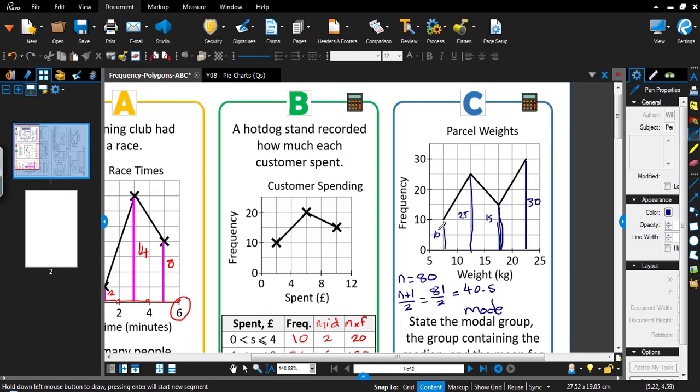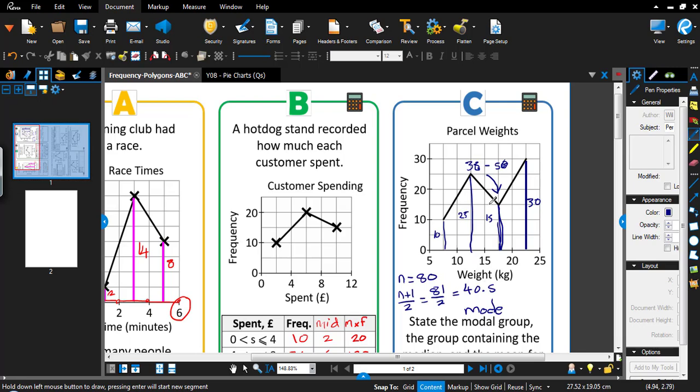So we've 10 and 25, that's 35. So up to here, we have 35 numbers altogether. And then over here, we have 50 numbers, because 10 plus 25 is 35, plus 15 is 50, right? So the 36th to the 50th values occur right here.